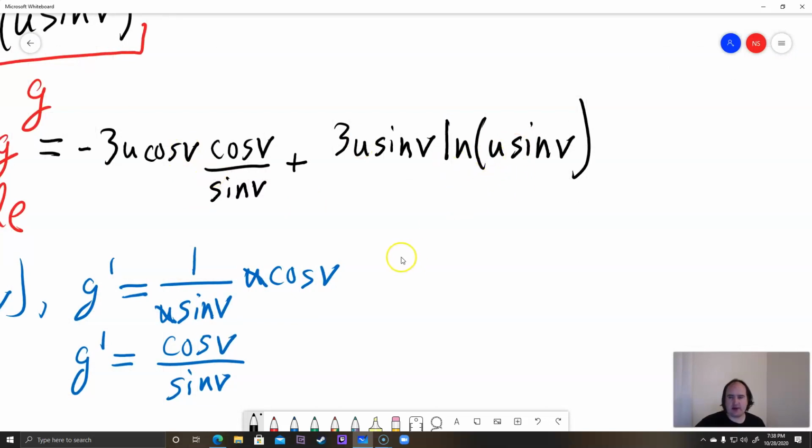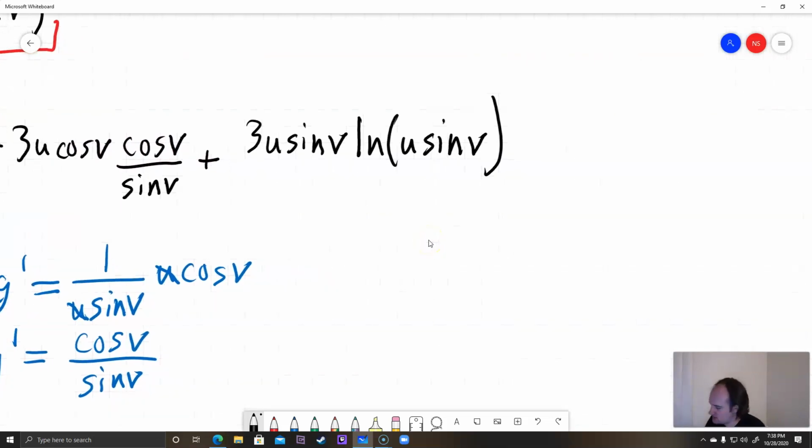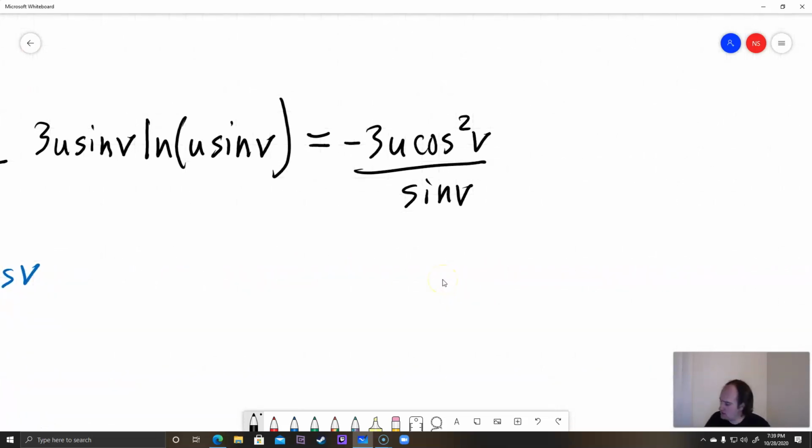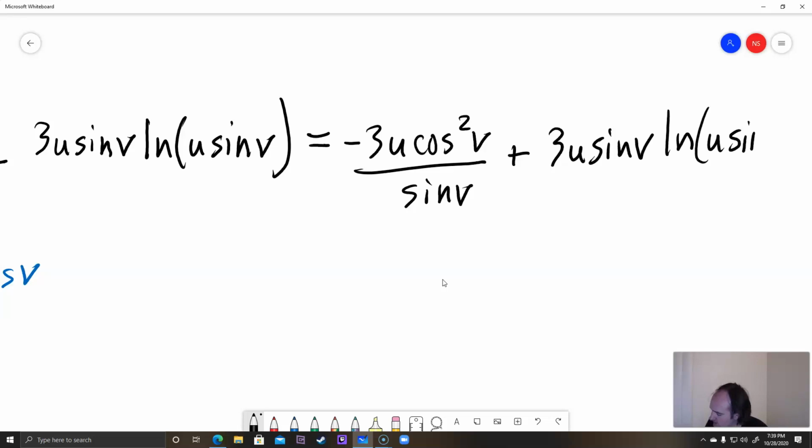So here we can just simplify this stuff a little bit. Up here in the numerator we have cosine of v times cosine of v, which is cosine squared of v. So that's going to give us a negative 3u cosine squared of v all over sine of v, plus 3u sine of v times ln of u sine of v.